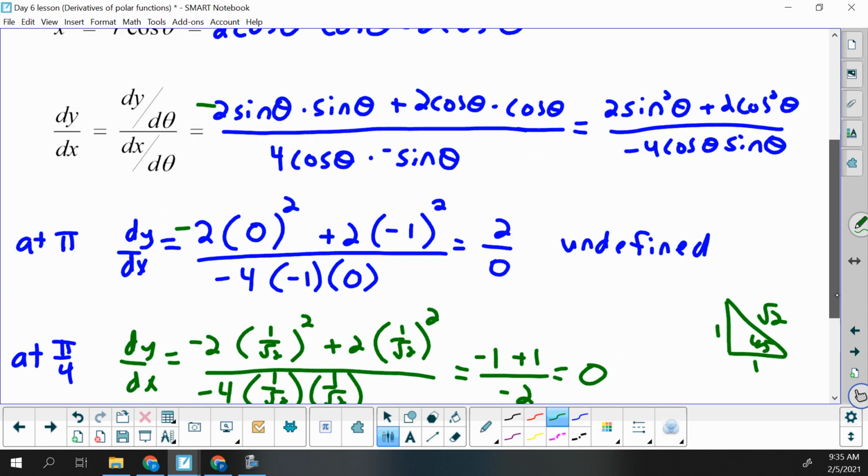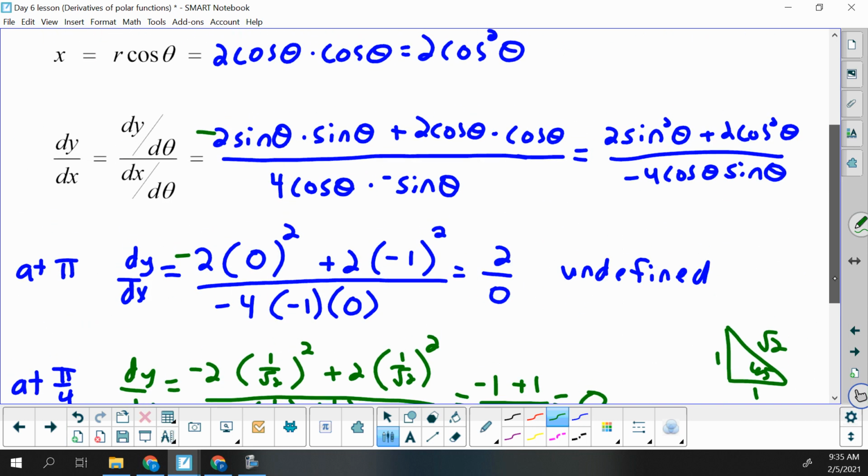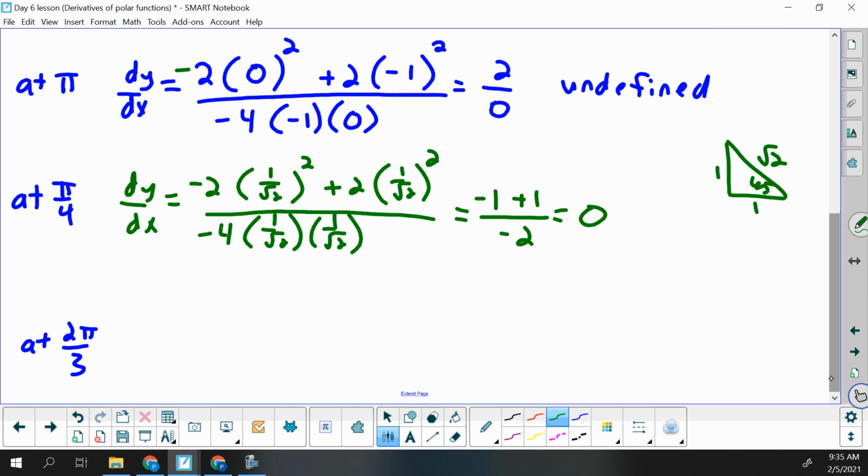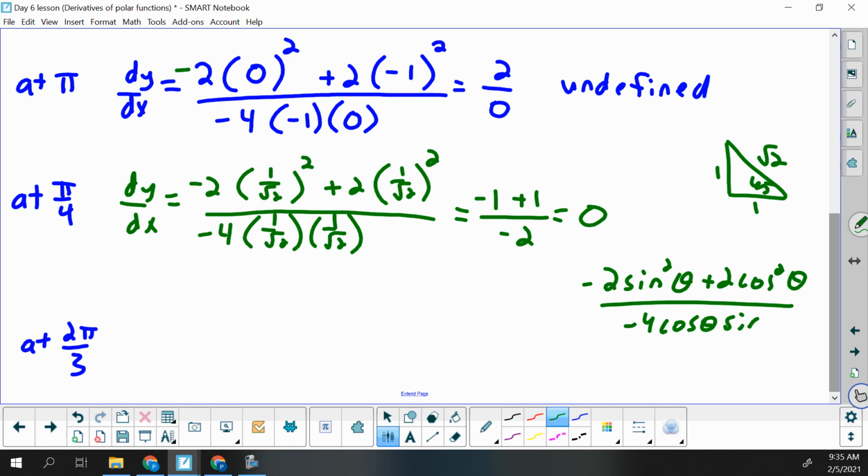So one last one we're going to look at. I'm going to carry that down so we don't have to keep looking up. So we have the -2 sine squared theta plus 2 cos squared theta over -4 cos theta sine theta. So at 2 pi over 3, we're working with a 60-degree reference angle in the second quadrant.